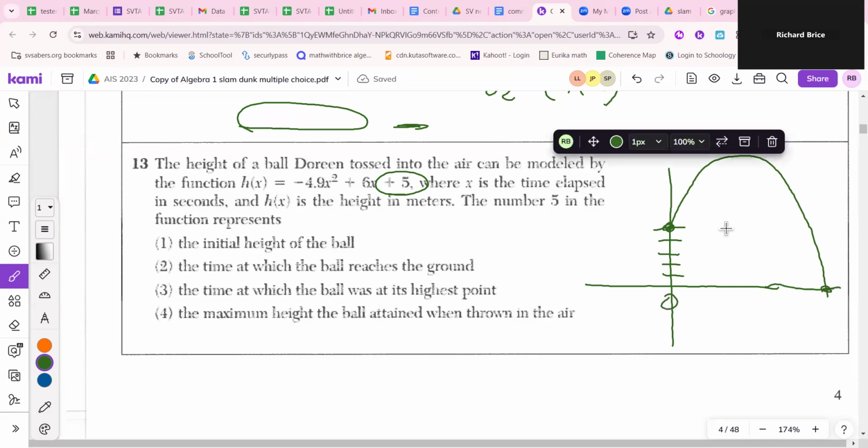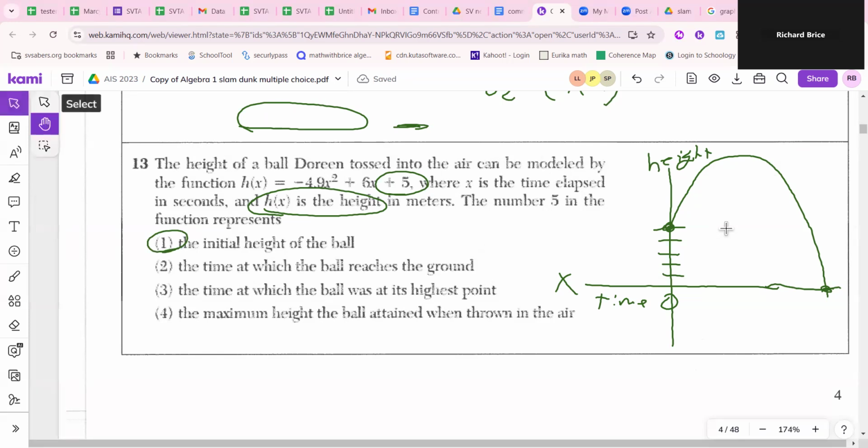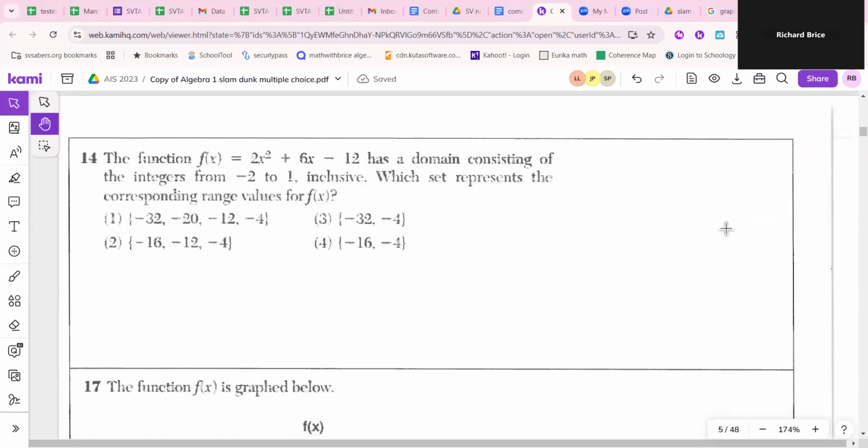Since we graphed it and sketched it right there, the 5 is the initial height because x is time and y is height. H of x is height, which is another name for y. It's 5 feet off the ground. Initial height, that's the starting value, (0, 5). If you plug 0 into the equation, out pops a 5. 0 is the time, 5 is the height, how high the ball is.